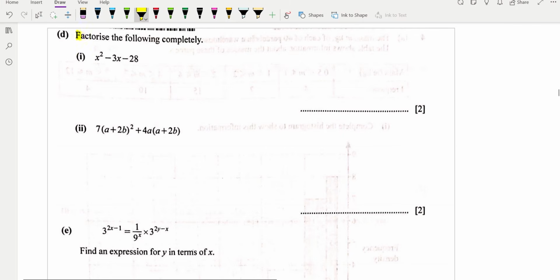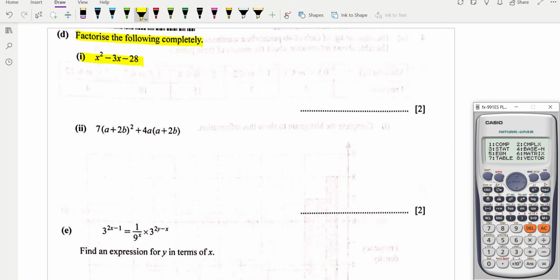We have to factorize the following completely, and factorization, you know, we are doing with the help of a calculator easily, mode 5-3, and we can take a value as 1, the coefficient of x squared will be 1, the coefficient of x will be -3, and the constant is -28, and we can take the values 7 and -4.